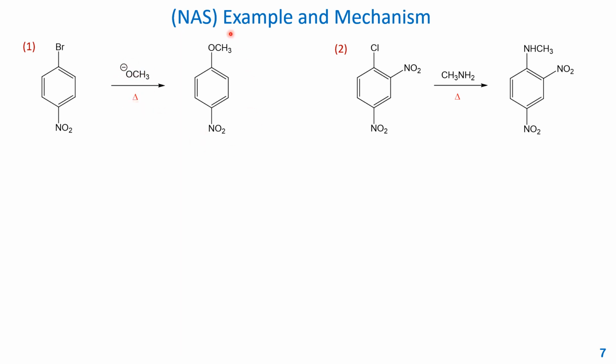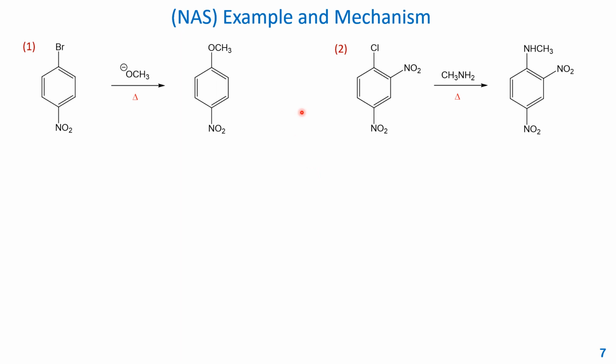And then the product will be the anisole. The other example has a chloro leaving group here, and the nucleophile is methylamine. This second example also has two electron withdrawing groups, two nitro groups. Nitro group is one of the most common electron withdrawing groups.